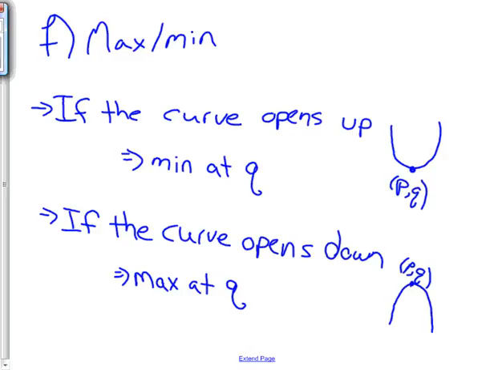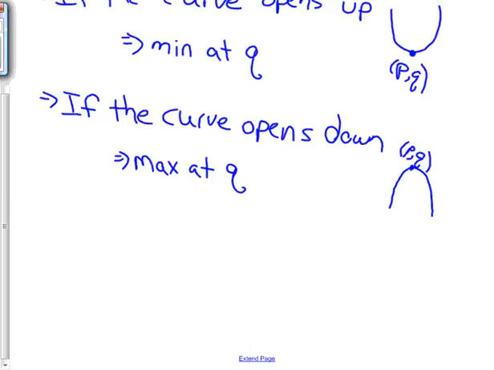So, for our parabola that we're working with here, the maximum? No. Why is it minimum? Ours opens up, so we have a minimum at what? Which is negative 16.